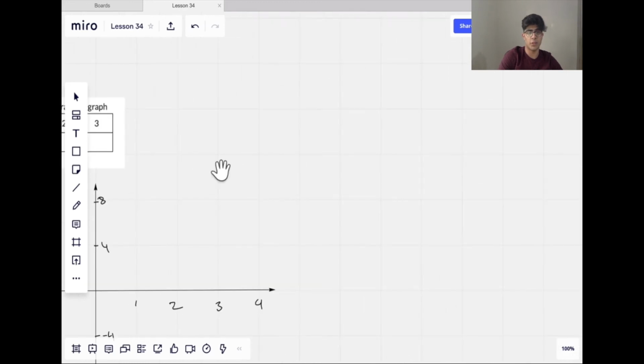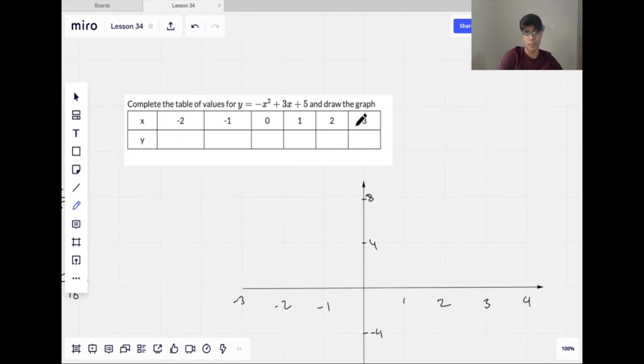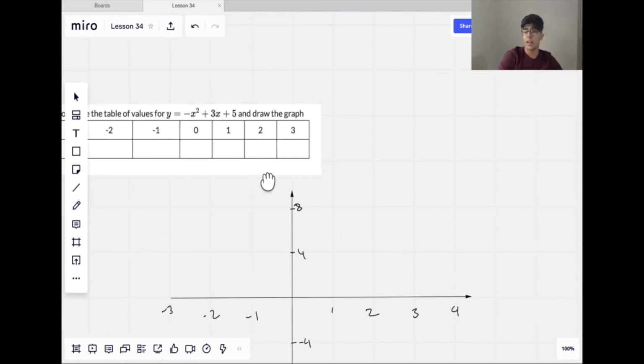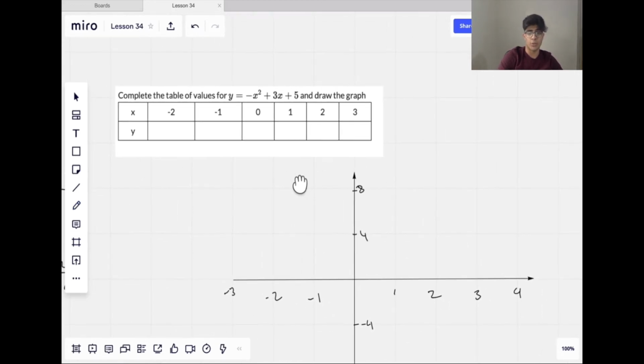Sometimes they might just give you something like this, and then you have to plot and find the values of the turning points, etc. So let's do this. The approach is you can work each out in this table. So for the -2, you work out the values, etc. What you can also do is use the table function on your calculator, which lets you put this function in, y equals -x squared plus 3x plus 5.